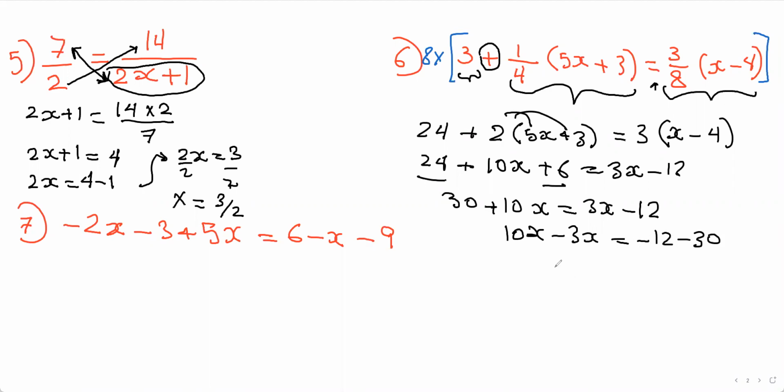That's the fast algebra. 7x equals negative 42. Divide both sides by 7. And that gives me x equals negative 6.